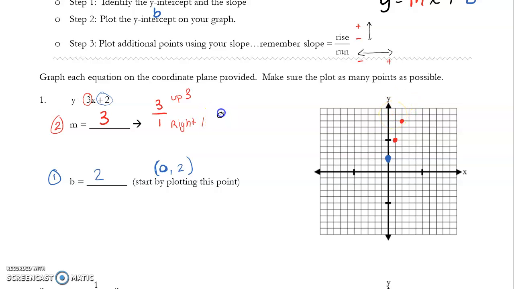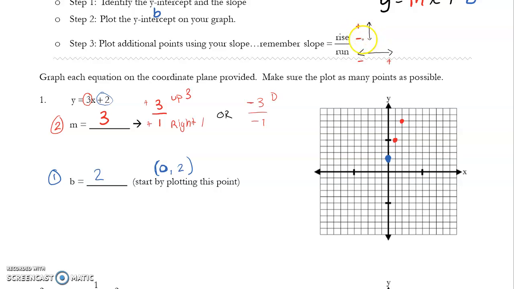That's where I'm going to say, hey, remember this. Remember that I also could look at a positive. This is good things happening to good people. That's why it's positive. The other way we can write that is negative 3 over negative 1. That's still positive. But negative 3 as a rise means I'm not going up.